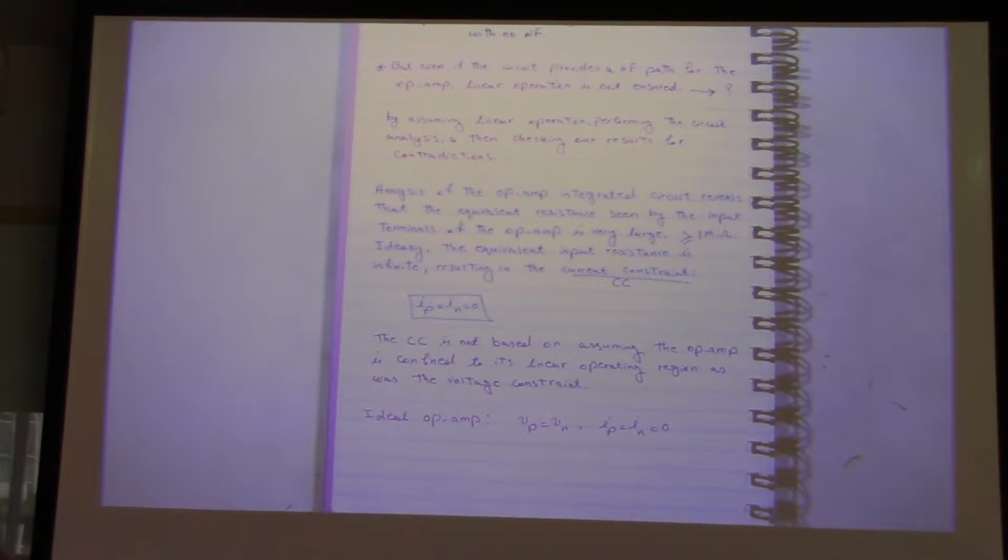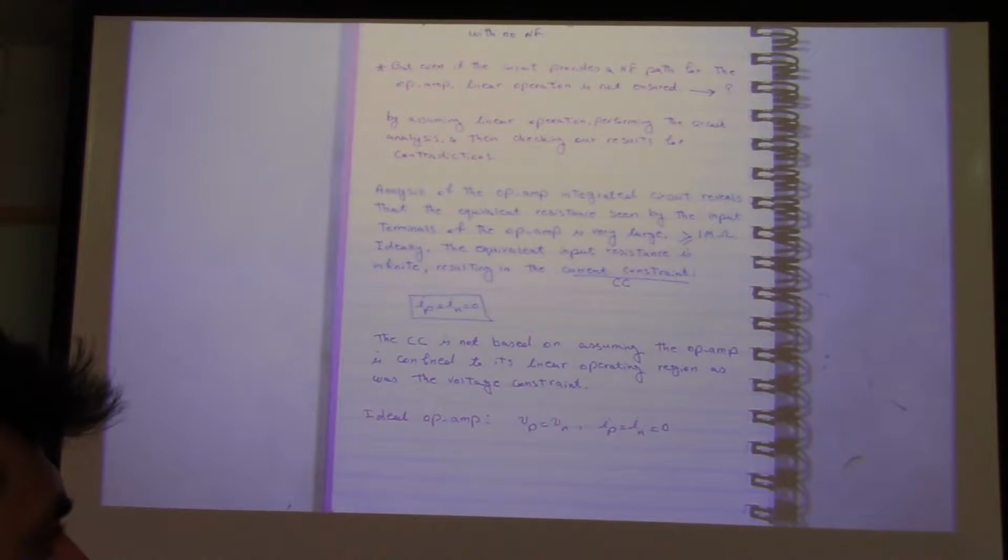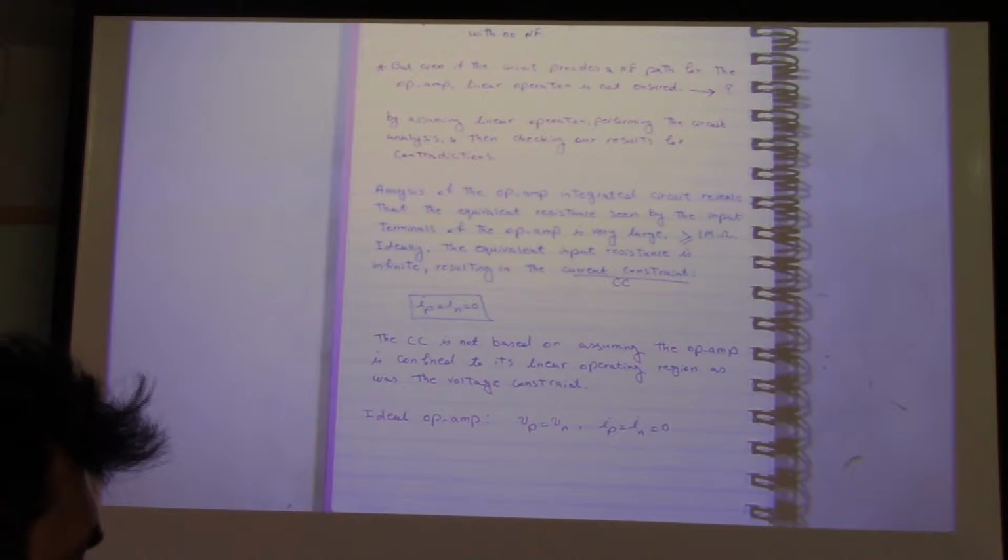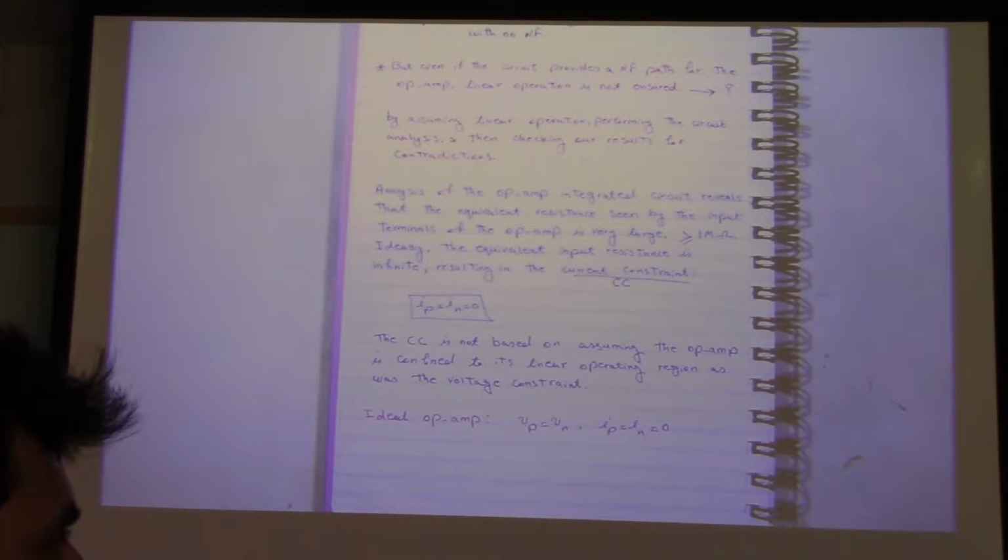And if they ask why, you can say that usually the power supply is not going to go above 20 volts, and the gain of the op-amp usually doesn't go below 10,000. So 20 over 10,000 is 2 millivolts. This is the magnitude of the difference, Vp minus Vn.